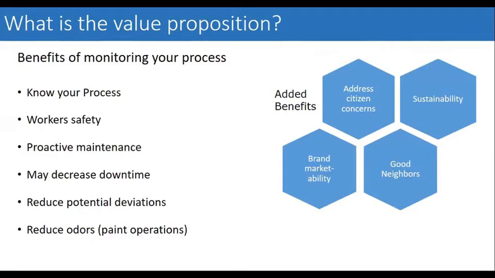The information that you gather from monitoring can also be used to address citizen concerns and identify the root causes for complaints that might be received, and provide a response. So additionally, consumer values are changing, and there is an increased consumer focus on social and environmental policies and responsibilities of the companies that they support. So really, knowing your process is a primary step in ensuring that your process aligns with your sustainability and environmental values.